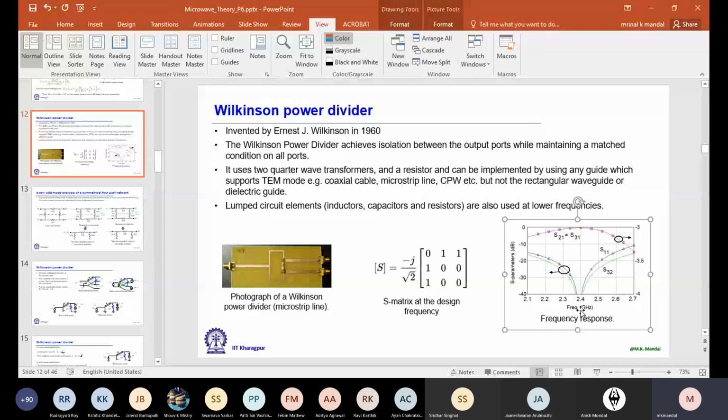But if you go to the left side or right side, it may not be. In most cases, if you have different loading at port 2 and port 3, or a reflected signal coming back, that power is lost in this resistor.